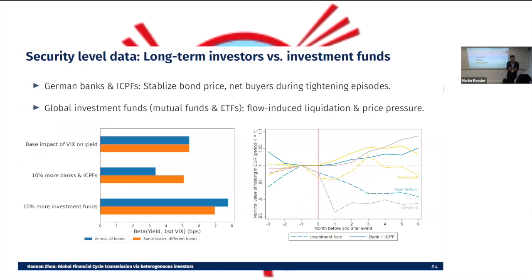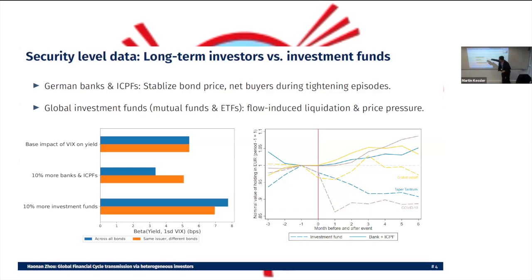If I increase the share of a bond being held by a foreign investment fund by 10 percentage points, I'm going to get 29% higher sensitivity of bond yield to an increase in the VIX index relative to the baseline. So it's in relative terms. If I get 10 percentage points more banks, insurance companies and pension funds, the so-called stable or long-term investors, holding these liabilities, I'm going to get a relatively smaller sensitivity.